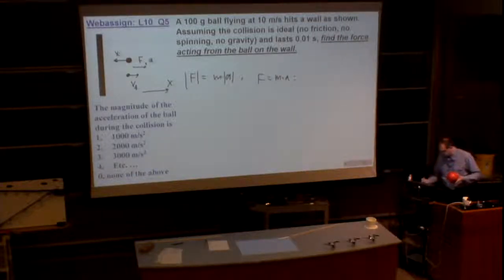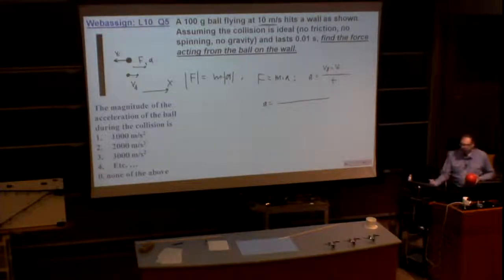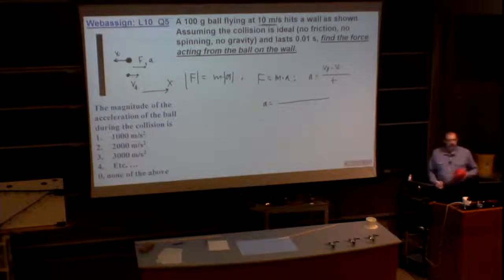We just need acceleration. To calculate acceleration, we have to apply the definition of acceleration: final velocity minus initial velocity divided by time. Acceleration will be equal to final velocity. Well, because the collision is ideal, that means the magnitude of velocity doesn't change, speed the same.